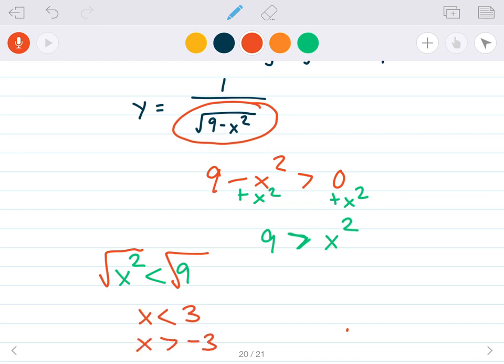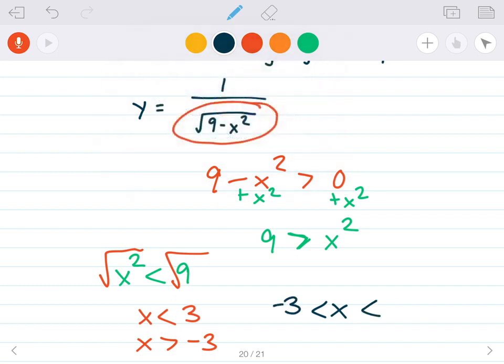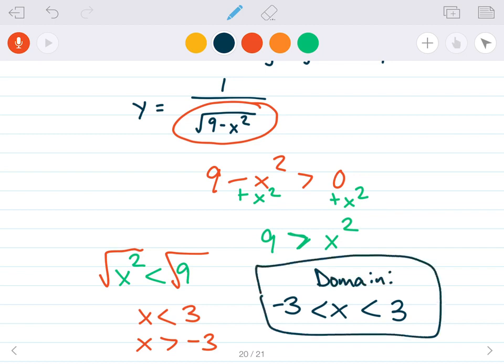That sign's going to flip when I tack on that negative. And so I can write this in the following way. I can write that x is sandwiched between minus 3 and 3. Right, so this is my domain. This is where x lives, between negative 3 and 3.